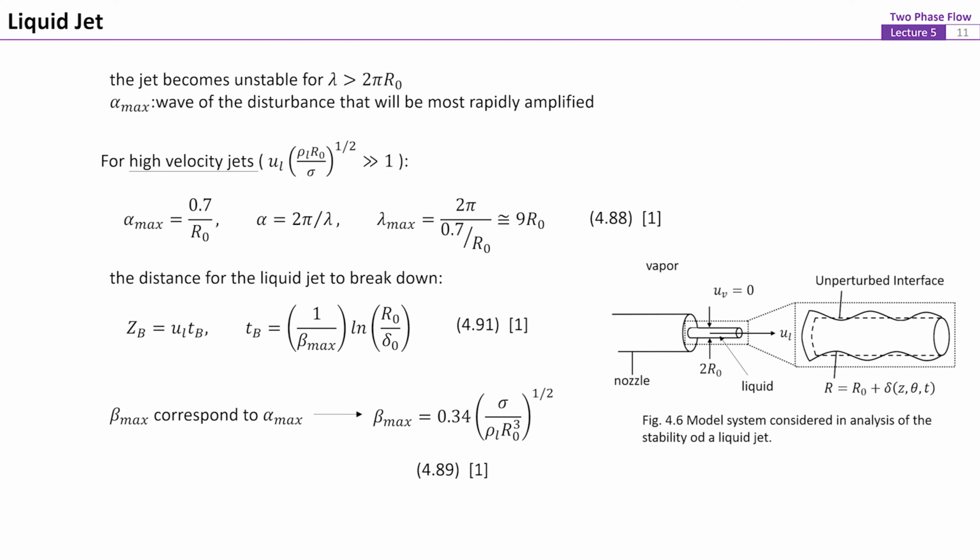The time required for the disturbance to grow from its original value, delta 0, to R0 is given by equation 91. With this information and the velocity of the liquid jet, the distance downstream of the nozzle for the jet to break up, ZB, can be estimated.